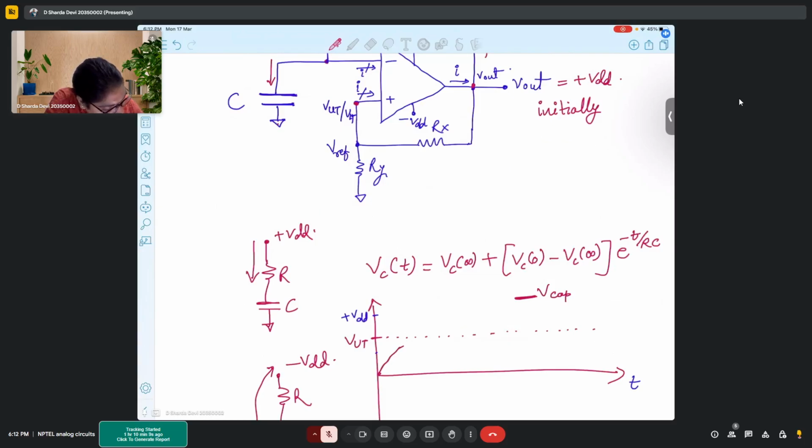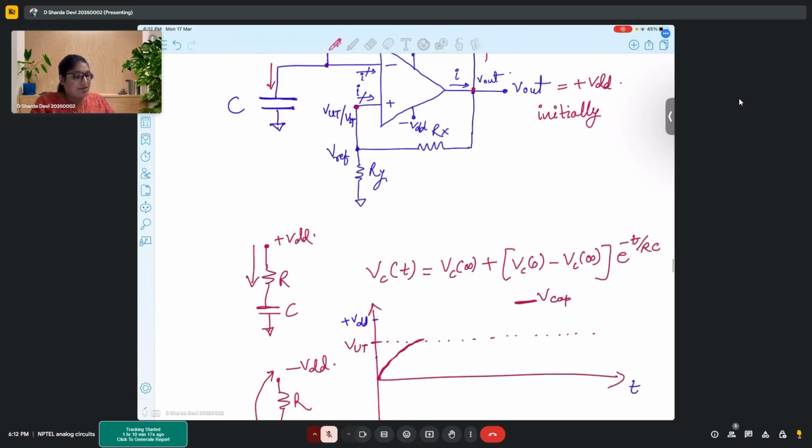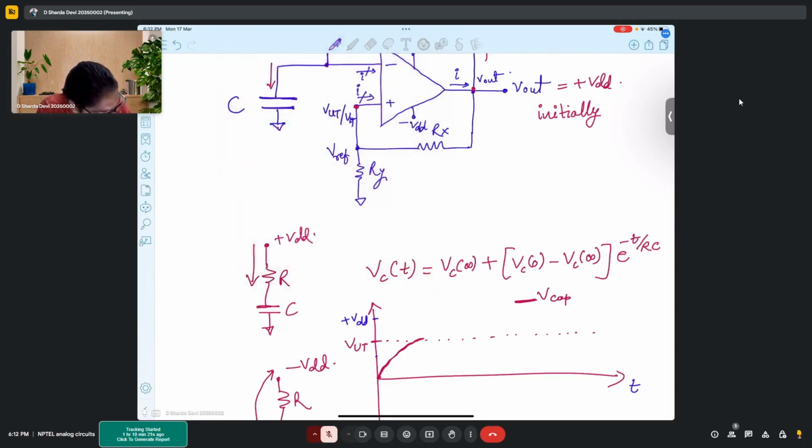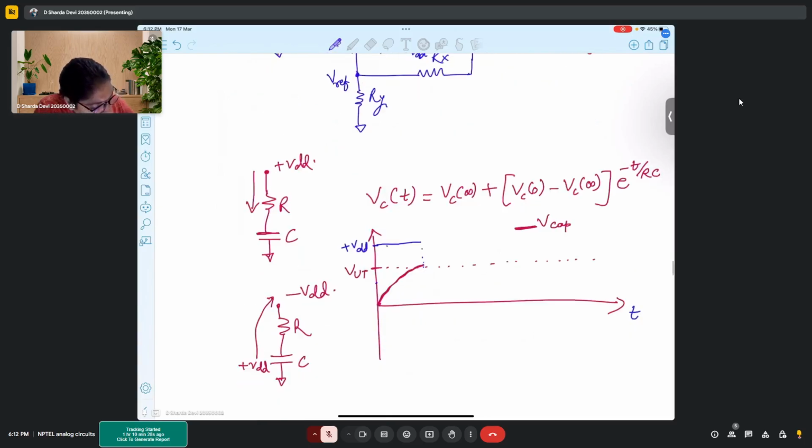So it will increase until VUT. It cannot cross VUT. The moment it crosses VUT a little, your output will flip. So your output until this point would stay at plus VDD.